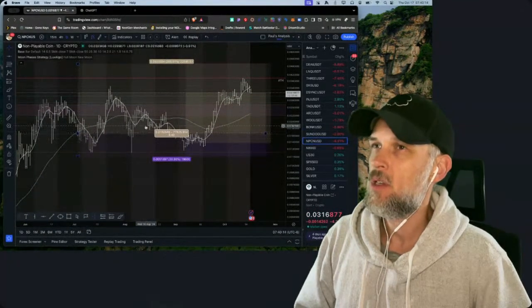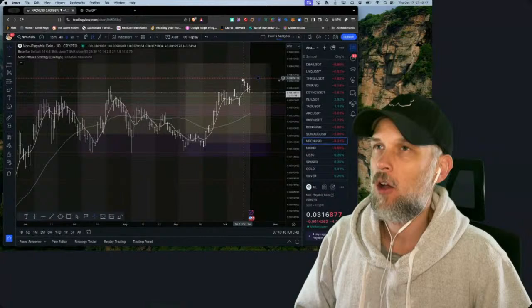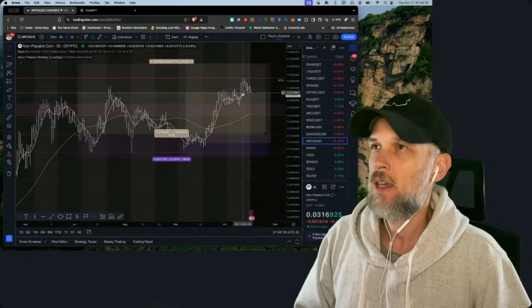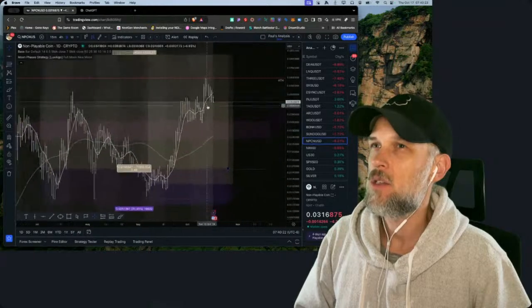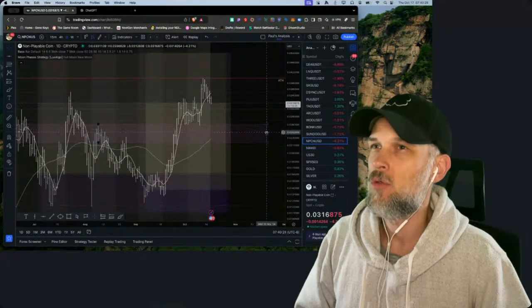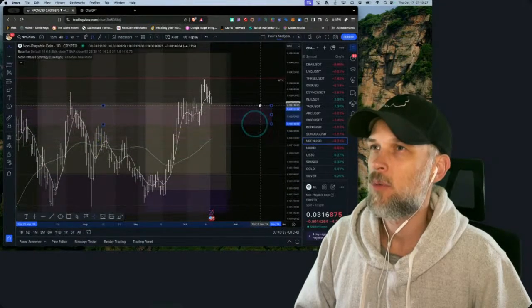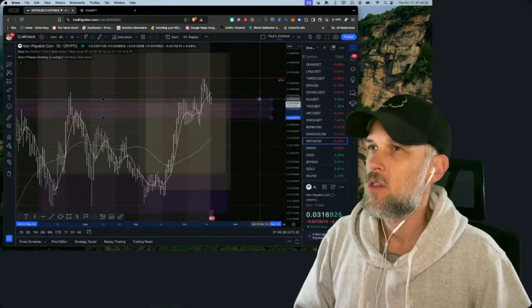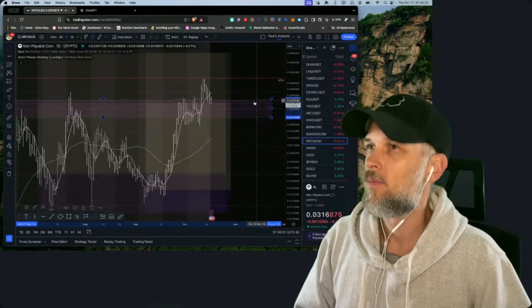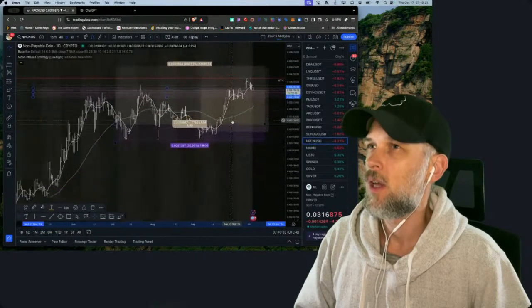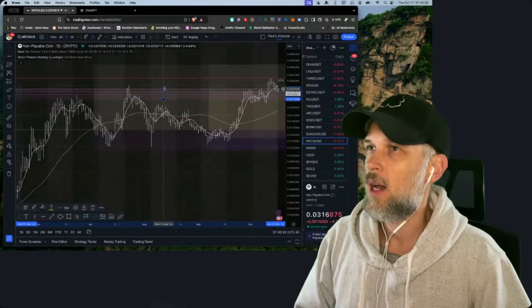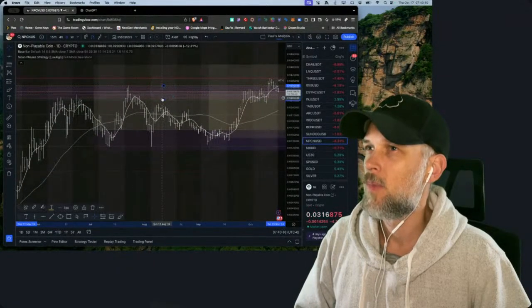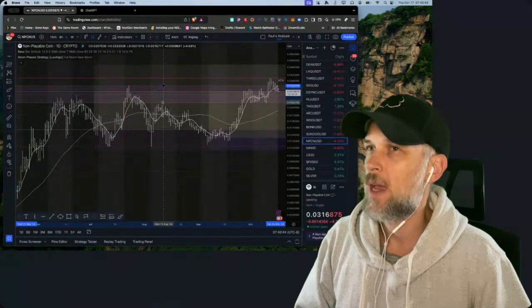But NPC, after that all-time high, has been retesting the previous high area, and now I'm going to move this purple zone up, because this area here is a range between the high that we had before and this last little bit of price action.